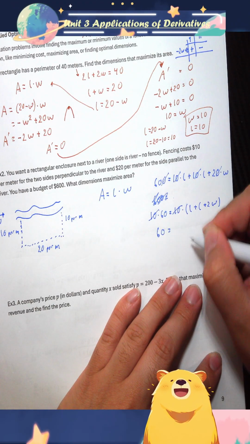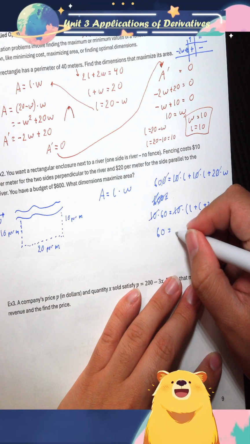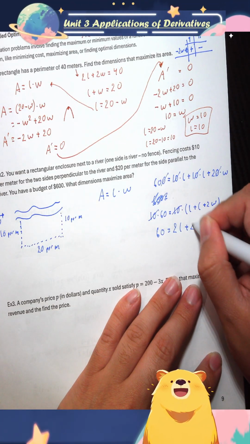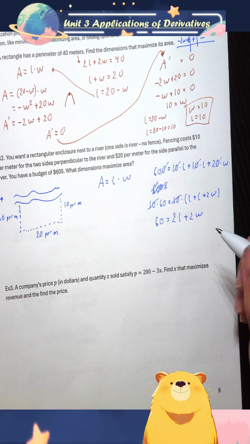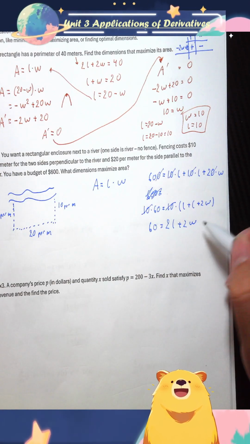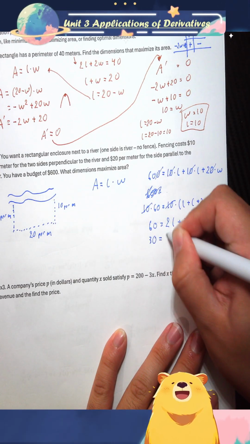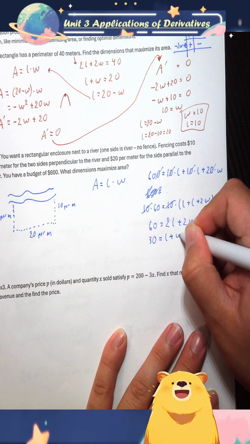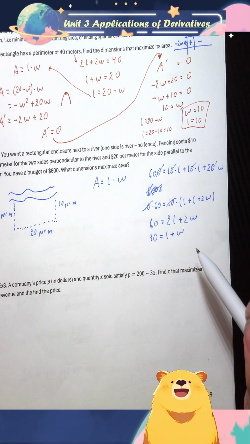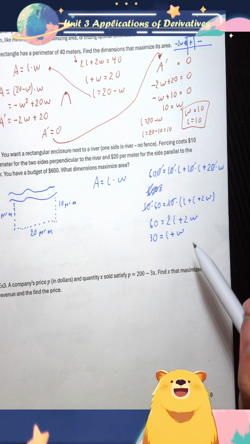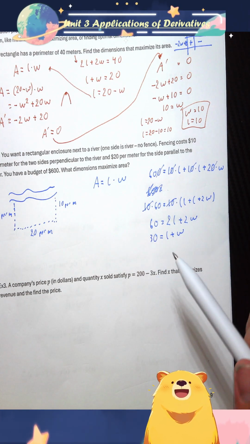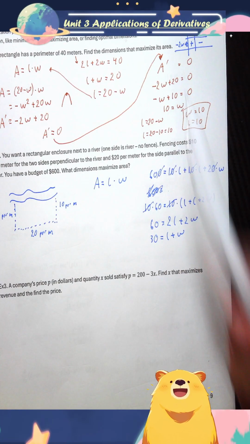So we have 60 is equal to, well, I can say 2 L's plus 2 W's. You can also factor out a 2 now in this case. So that becomes 30 is equal to L plus W. And then you have a similar trick where you can definitely go ahead and make a substitution for L or W. We did W before.